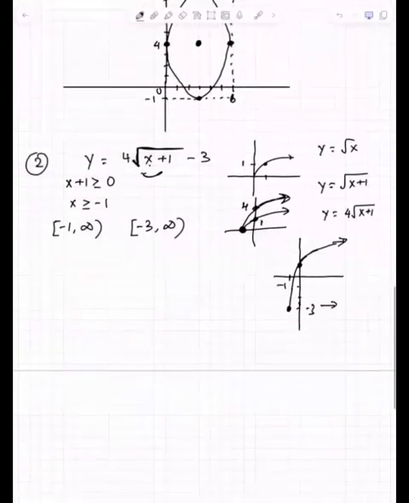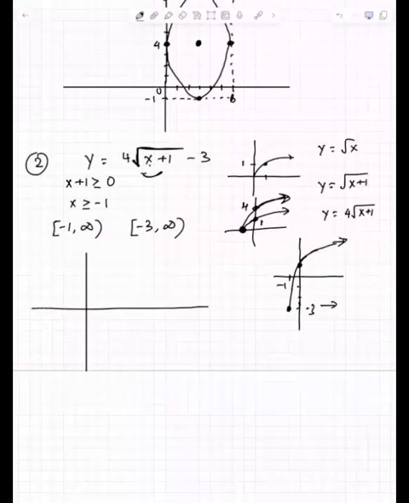Well, you should do the sketch a little nice, if we have to sketch it. We had at -1, it's -3. At 0, it was 1. Okay, and let's do one more point, which will be nice. Let's say when x is 3.